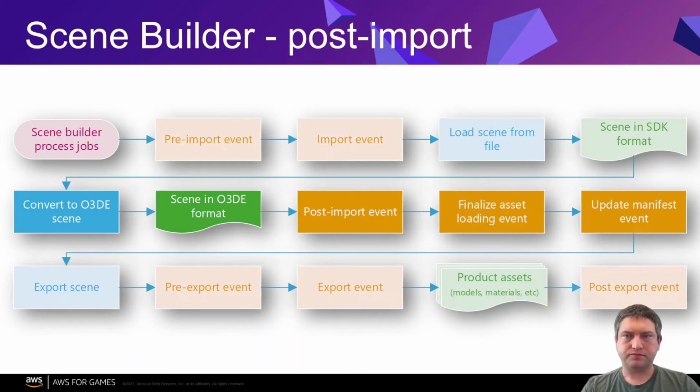The next couple steps here are a couple more events to let the other systems know how the scene file is coming along and processing, with the update manifest event being kind of the least instantly understandable. The scene manifest controls the scene settings that the export steps are generally going to make use of to figure out how to convert that scene in the O3DE format to those product assets like the AZ model.